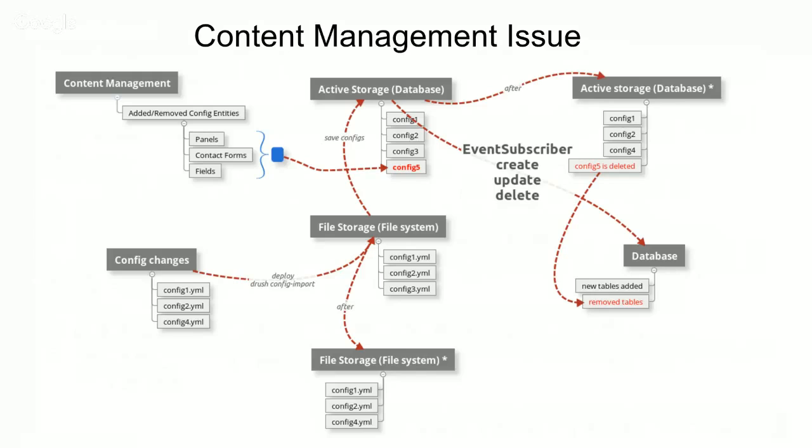And when you are going to deploy your changes to configs and use regular drush config import, at this stage drush will diff the active storage against file storage and think of the configs from content managers as to be deleted, and all the changes made by content managers can be gone after your deploy. How to deal with this case?